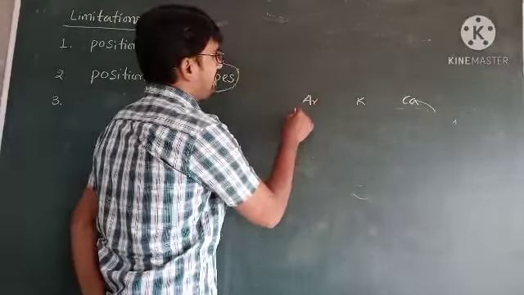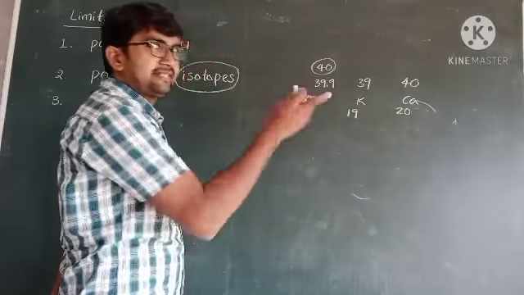Argon atomic number is 18. Potassium atomic number is 19. Calcium atomic number is 20. Argon atomic mass is 39.9. Sometimes we write 40 also, no problem. Potassium 39. Calcium 40.